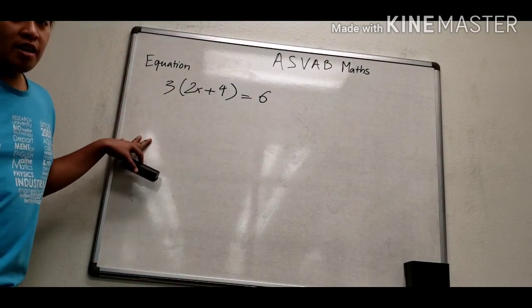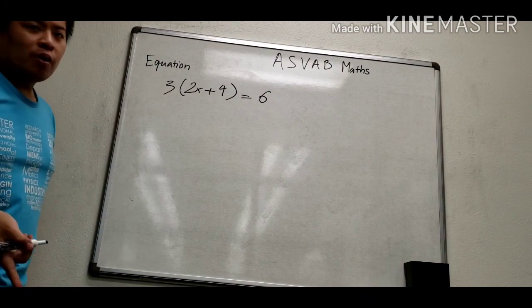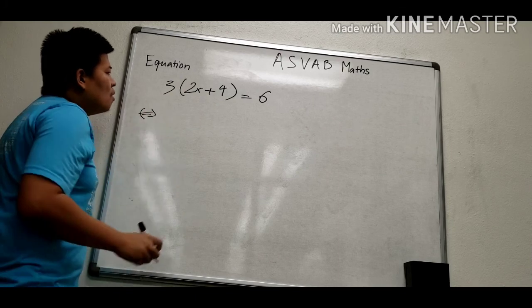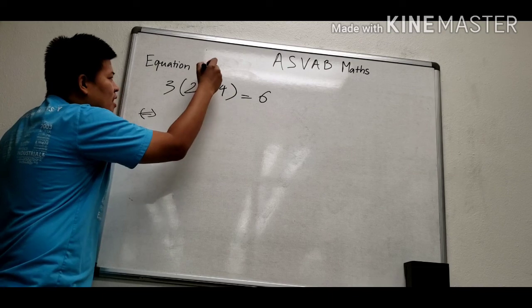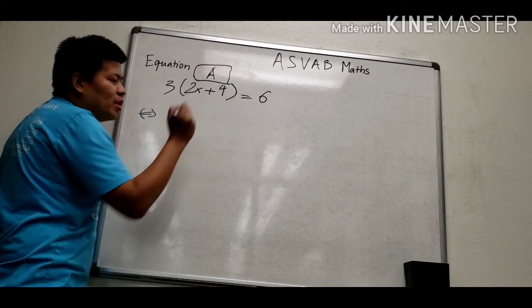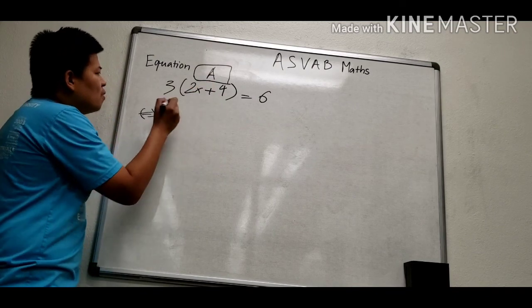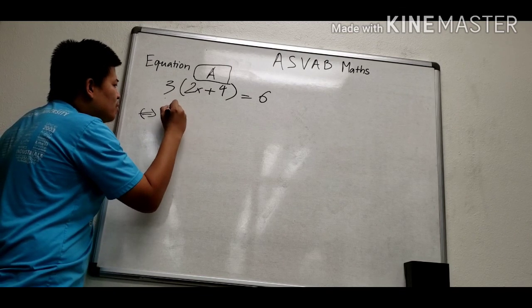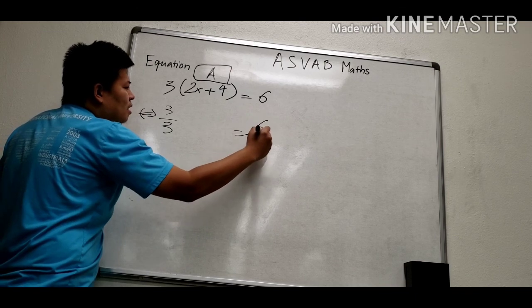So this is another, more complicated one, and we can learn how to solve the problem in here. We know that we just put 2s plus 4 just like a, because this is the number we don't know, just put a in here and we don't change anything. We can see the number 3 in here. We divide both sides with 3, and 6 divided by 3.